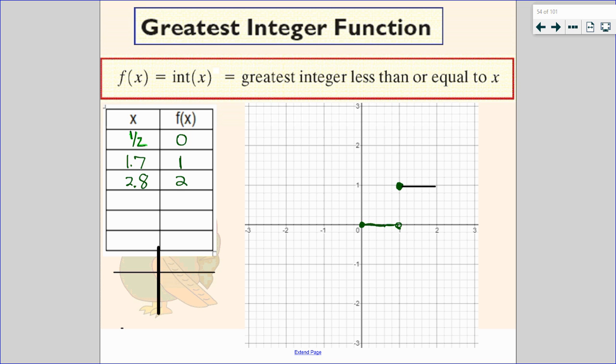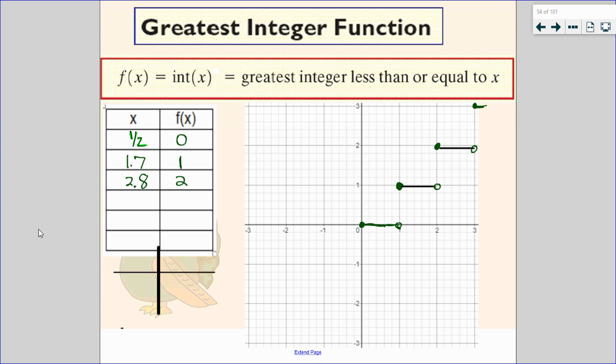But as soon as I get to 2, the number that is closest to that number without going over, that is an integer, is going to be 2. So it jumps up to 2. And then you have, again, another step. And then at 3, it jumps up to 3. So again, it is the integer that is as close to the given number without going over it. Okay? That's what the greatest integer function does.